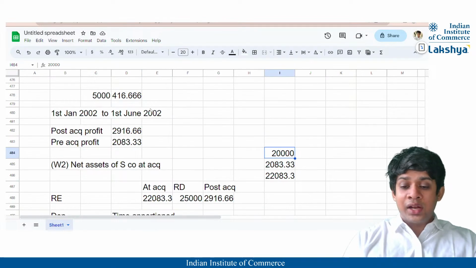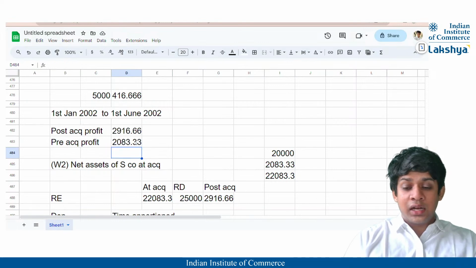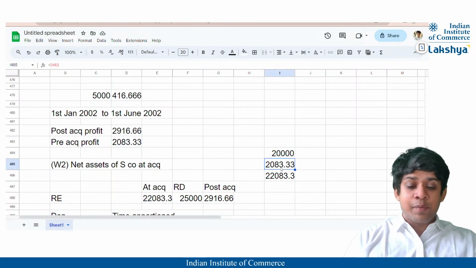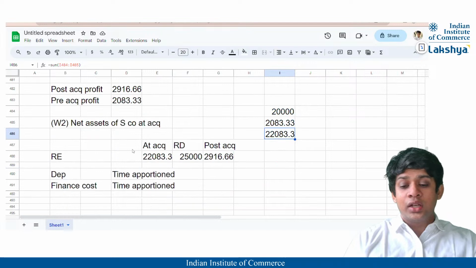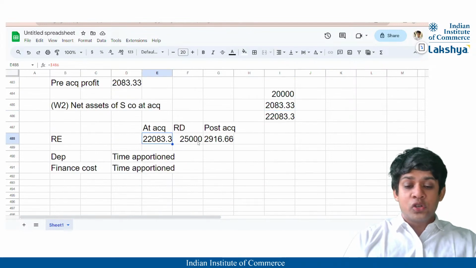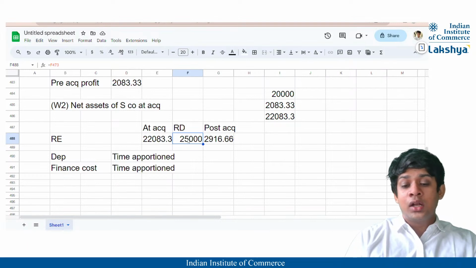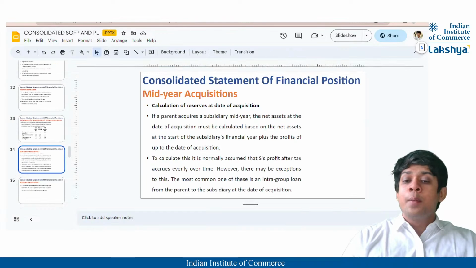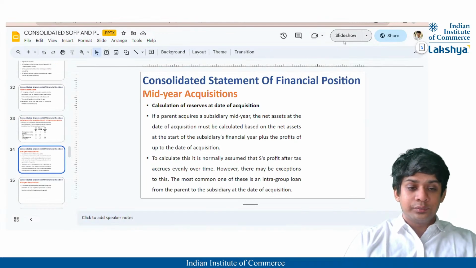So we have acquired on 1st June. So till that date, we had calculated 2083 because 5,000 into 5 by 12, right? So 2083 is the profits that we added, and thus we got the pre-acquisition profits. The post-acquisition was directly mentioned. The difference between the reporting date retained earnings is directly mentioned. The difference between the two is going to be your post-acquisition profits.